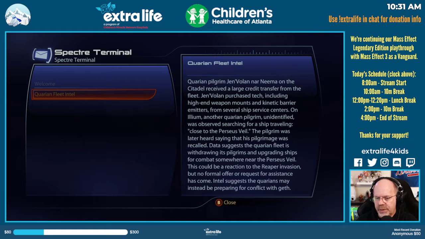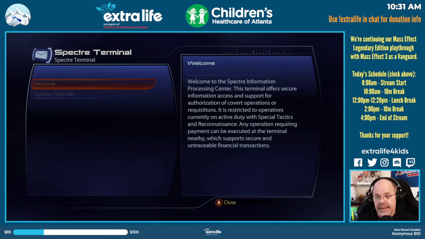Data suggests the Quarian fleet is withdrawing its pilgrims and upgrading ships for combat somewhere near the Perseus Veil. This could be a reaction to the Reaper invasion, but no formal offer or request for assistance has come. Intel suggests the Quarians may instead be preparing for conflict with Geth.